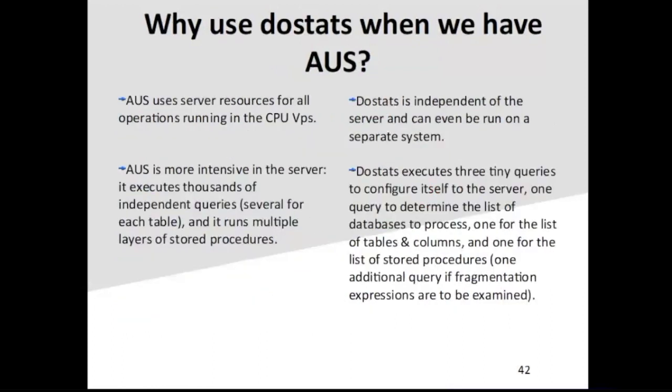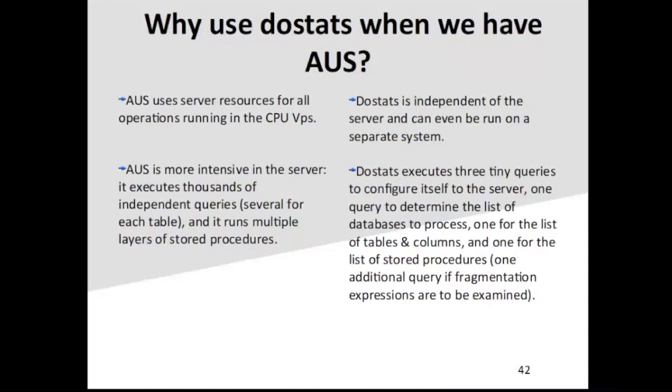What else? AUS uses CPU VP resources. DoStats is independent. AUS runs thousands of queries to get its job done. For every table, it runs a bunch of queries. DoStats runs basically 3 little queries to set itself up.